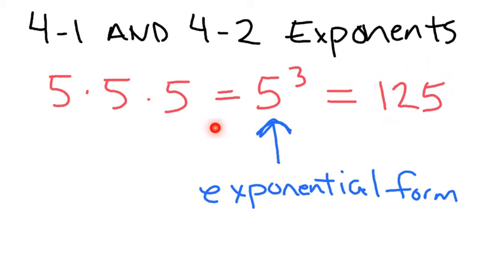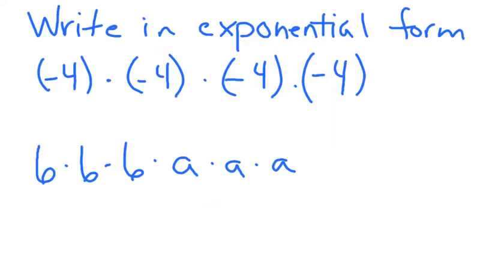Sometimes they ask you to write something in exponential form. That means with exponents. Okay, here's two examples. It says write in exponential form. So we're going to take the -4, leave it in the parentheses, and put to the 4th power because that's 4 times: -4 times -4 times -4 times -4.